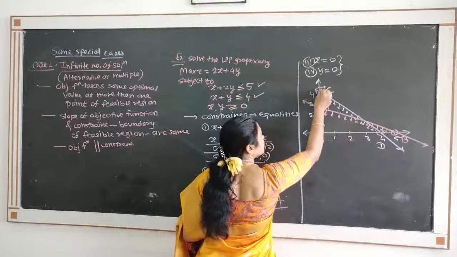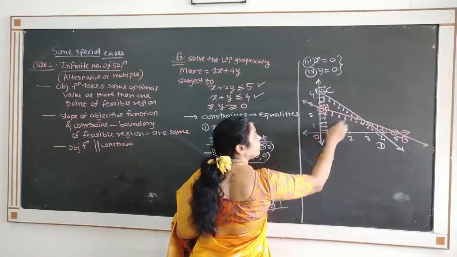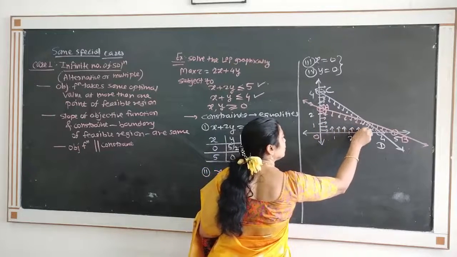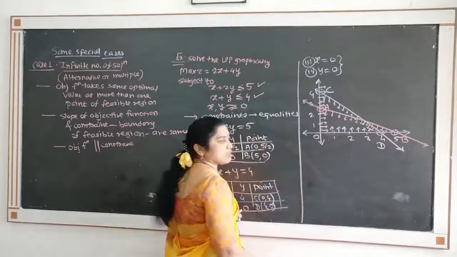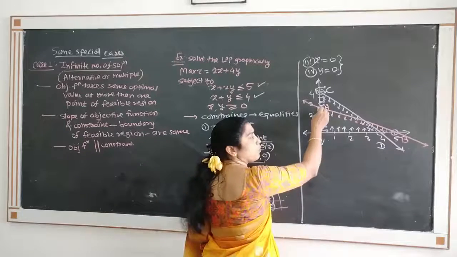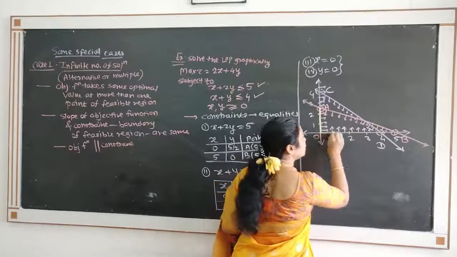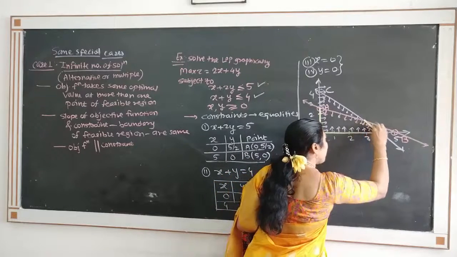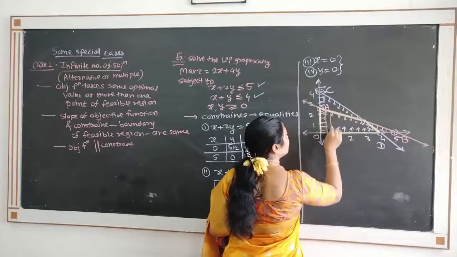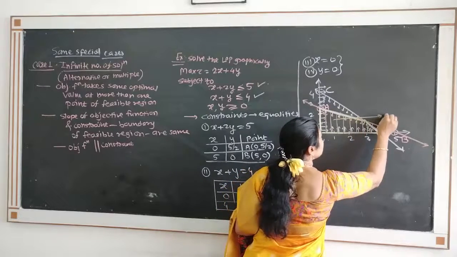The third constraint, x greater than or equal to 0, gives the region in this area, and y greater than or equal to 0 gives the region in this area. Now we consider the feasible region, that is the region bounded by all these constraints. See this region shown by dark lines. I will shade that region. So this is the feasible region.